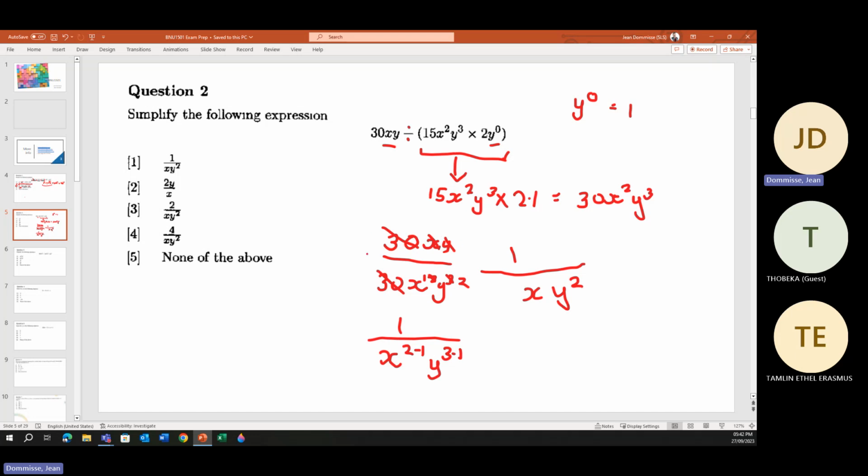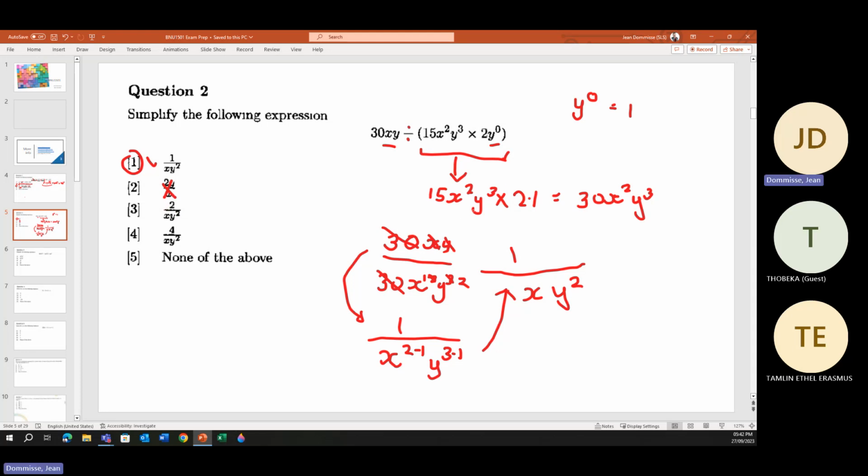So we could have rewritten it like this, and then from there we could have just rewritten it to a power of 2. So let's just check. There is 1 over xy to the power of 2, 2y over x, and no, that's not.